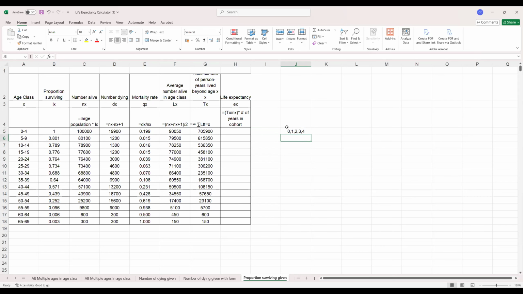Okay, so 5 years because 1, 2, 3, 4, 5. So there are 5 years in this age class. So when we're computing for E sub x, T sub x divided by N sub x times 5. When you're confident that that's right, you copy paste. Voila, there you go.